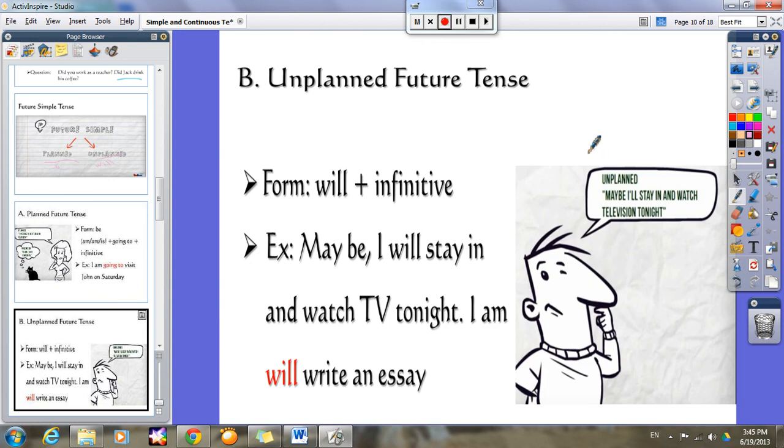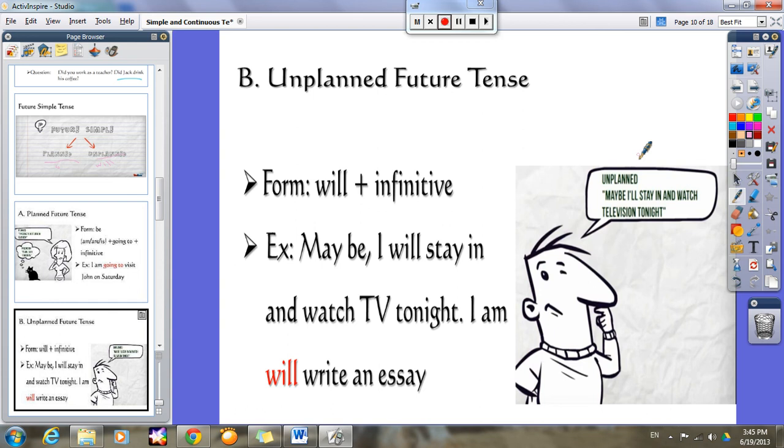About unplanned future tense, we are not sure or there is no plan or decision to do something before we speak. We do not make any plan before we speak. We make decisions spontaneously at the same time of speaking.